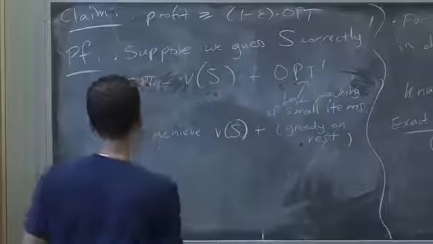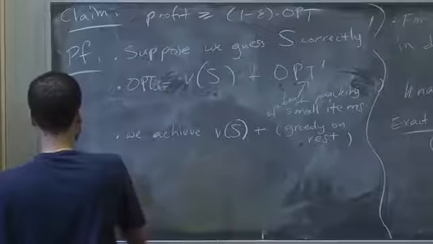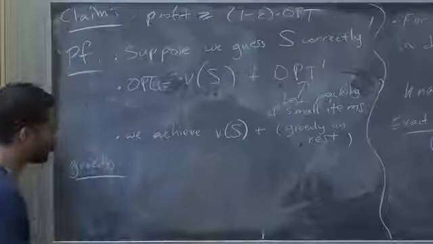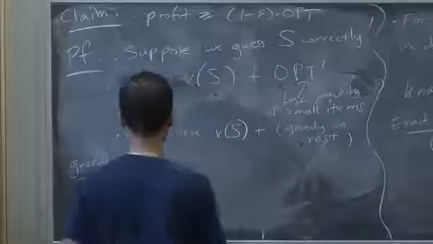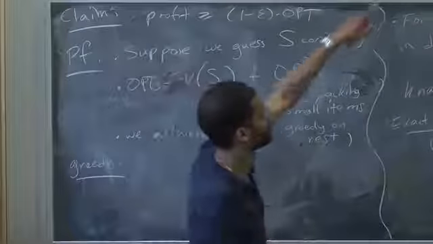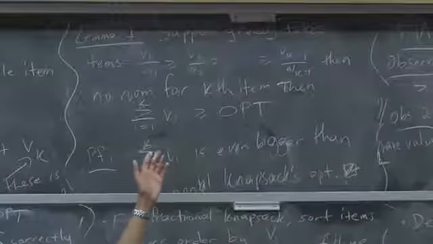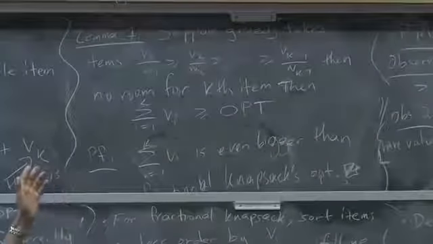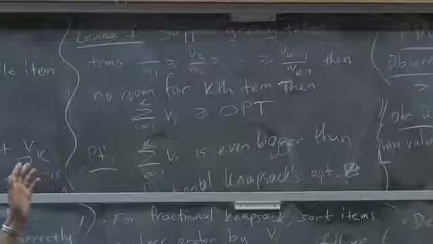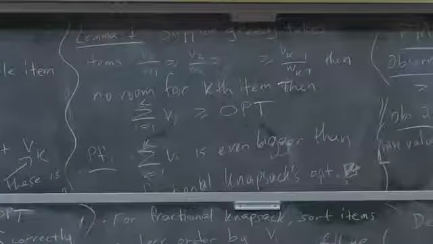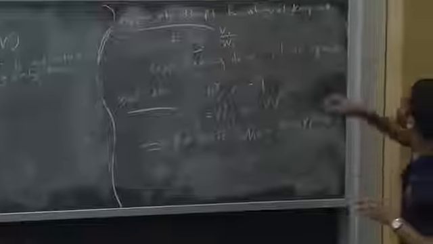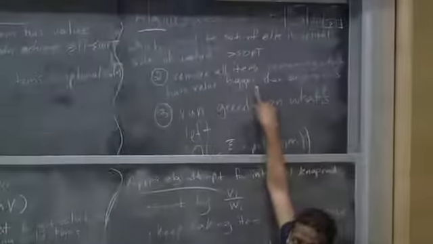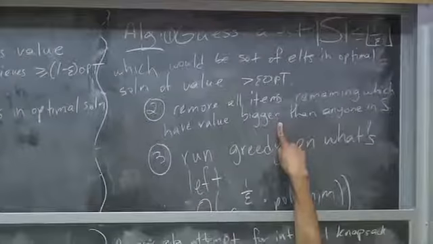Okay. So what do we achieve with greedy? We know that this item vk, where k is the first item we don't take. What do we know about vk? We know that we filtered out all the items with high value.